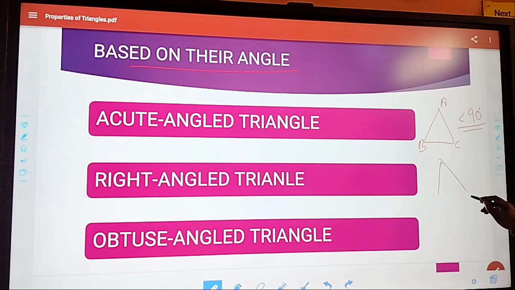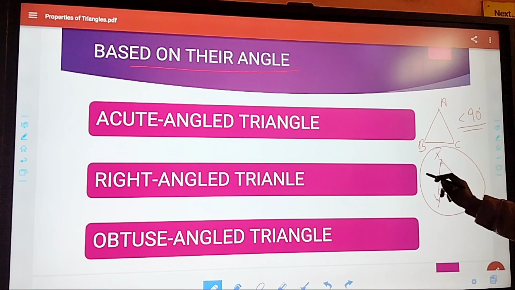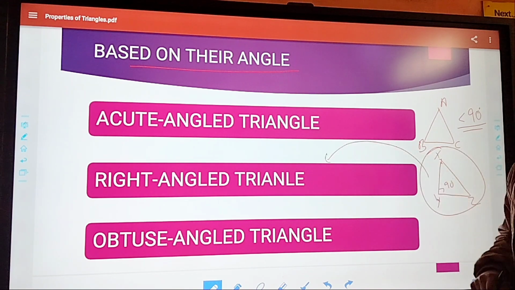Whenever we have a 90 degree angle in a triangle, say triangle XYZ with a 90 degree angle at Y, this type of triangle is counted in the category of right angle triangle.